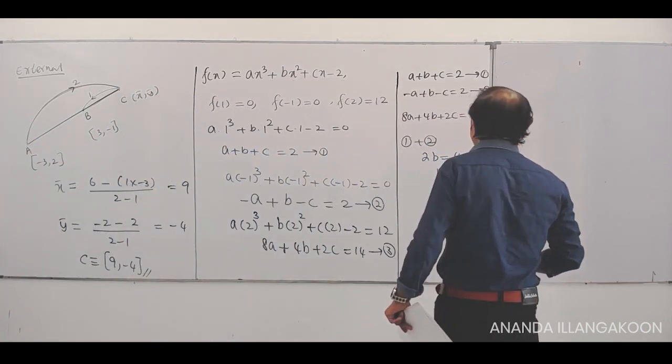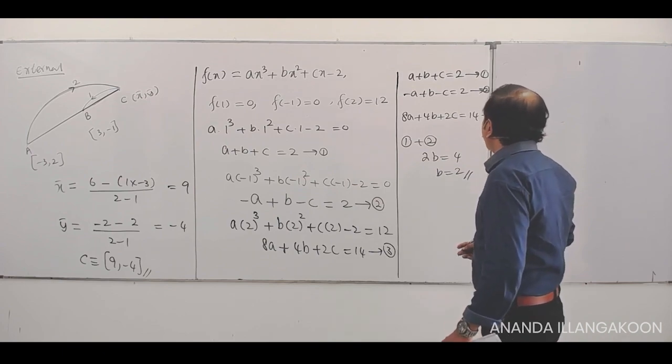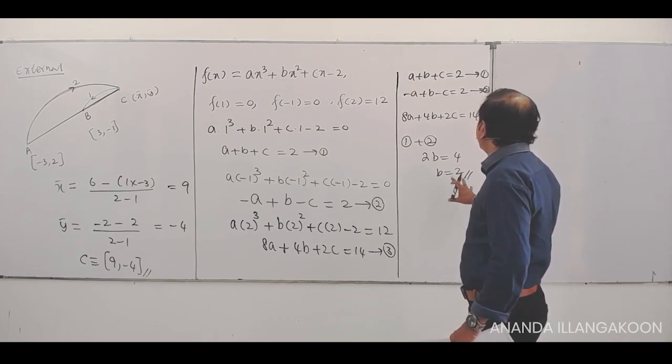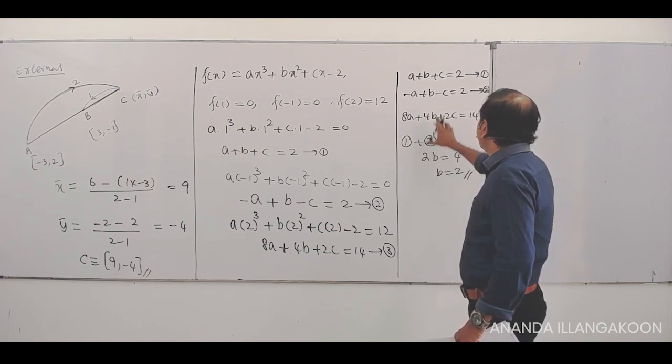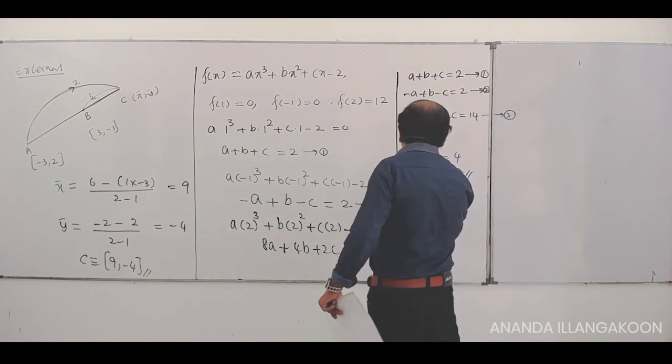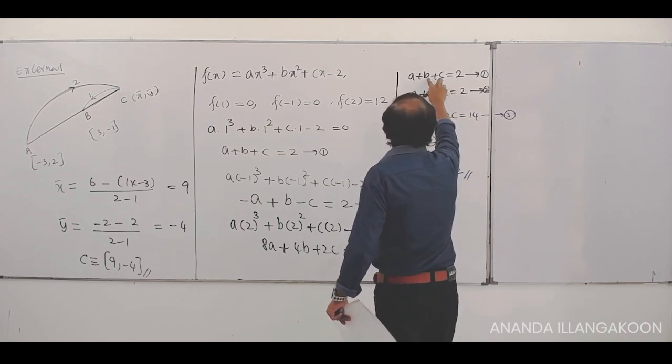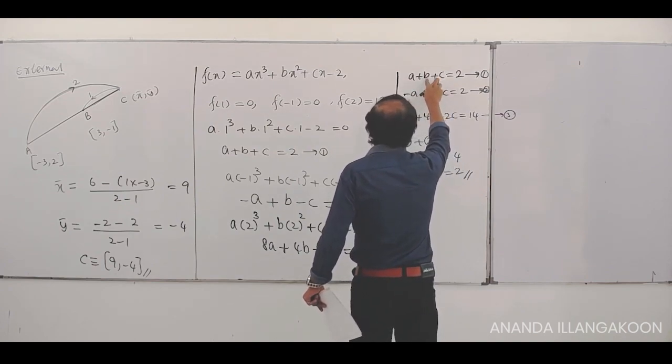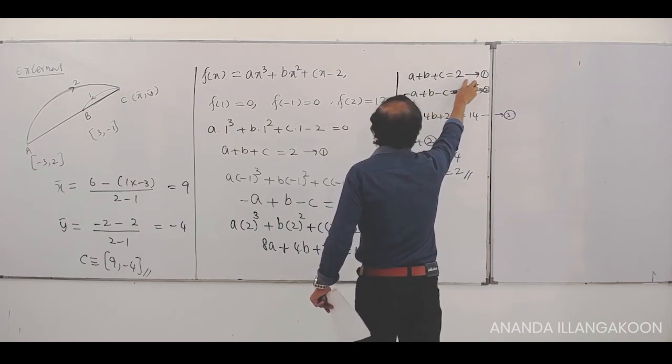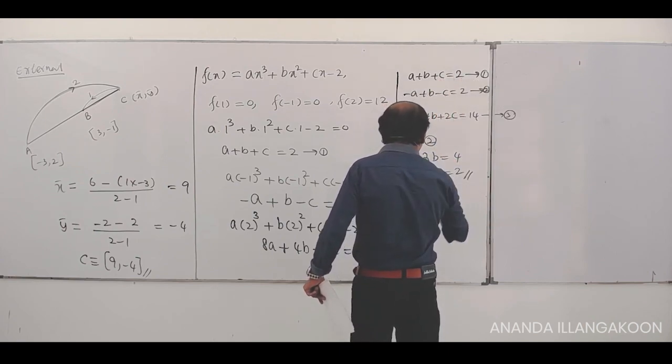Now we can put here b as 2 in number 1. That means put here 2. When you take this 2 to right hand side, 2 minus 2 is 0, a plus c equals 0, a equals minus c.